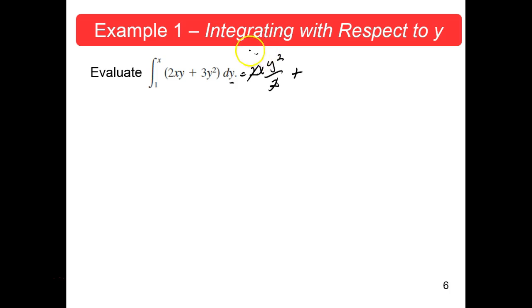Plus the antiderivative of 3y squared. Yeah, 3 is a constant. What's the antiderivative of y squared?